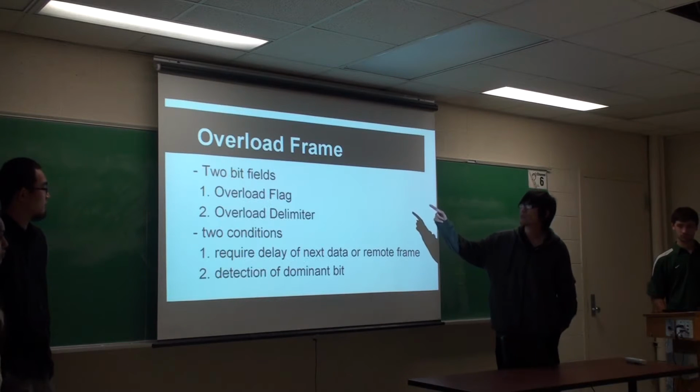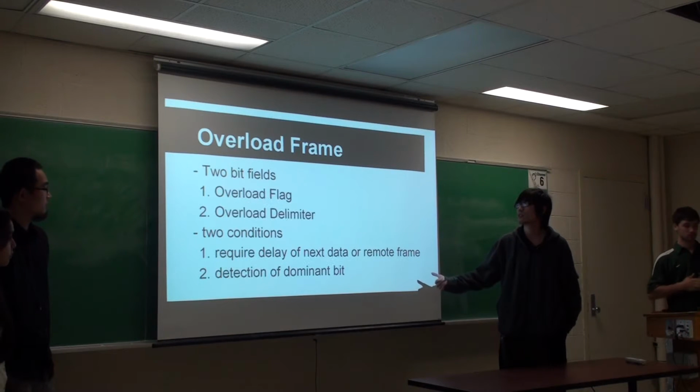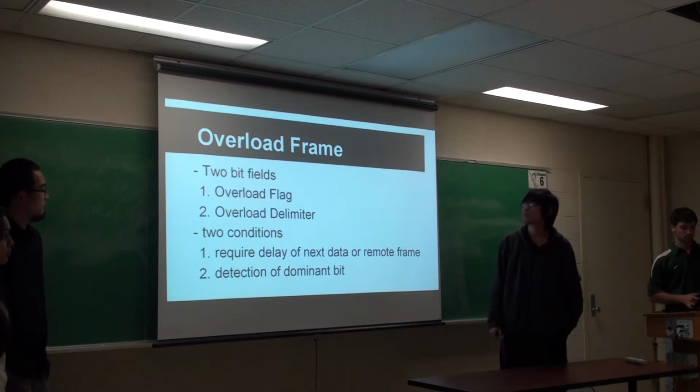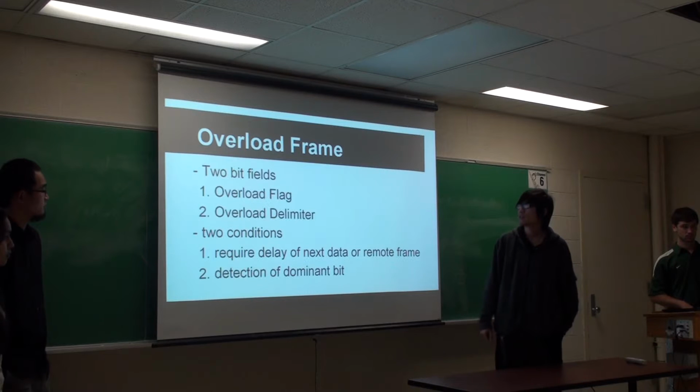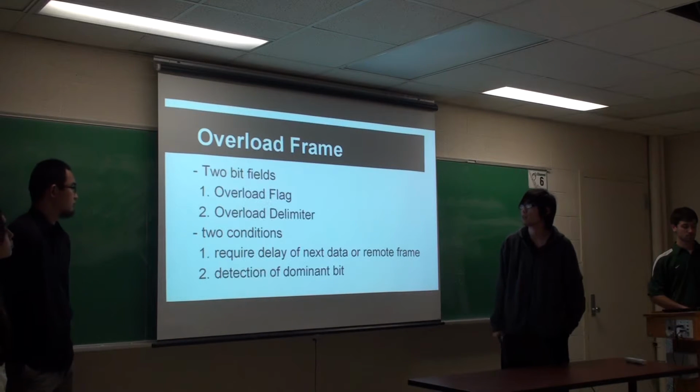And there are 2 big fields. One is the overload flag and one is the overload delimiter. The overload delimiter is the same as in the error frame. It's 8 recessive bits.